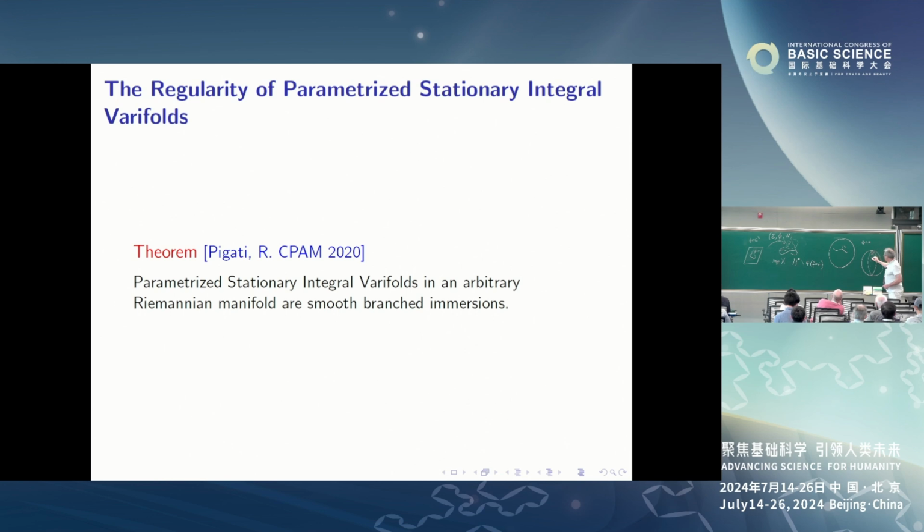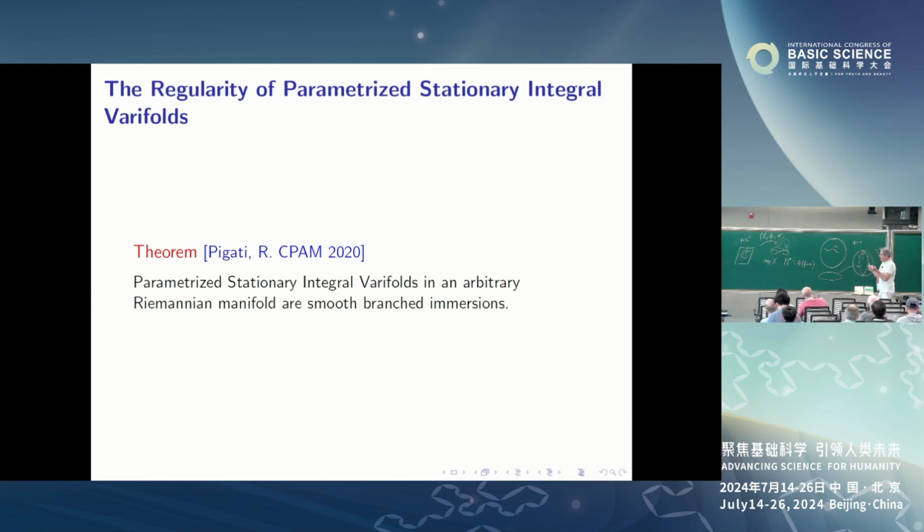And you put multiplicity 2 on them. So this happens to be a stationary varifold, one-dimensional stationary varifold in S2. You can parameterize it, so this is now the circle, and you can find a map such that when you go along the circle, you go along your varifold, so it is parameterized.